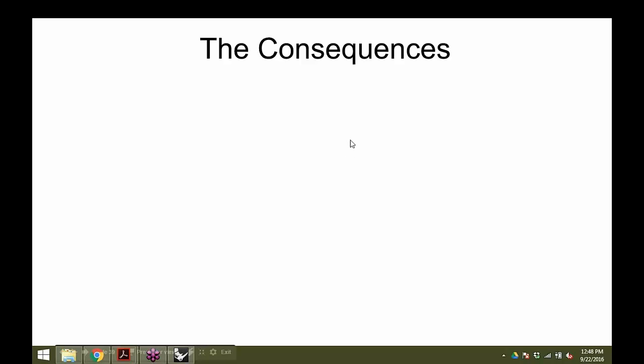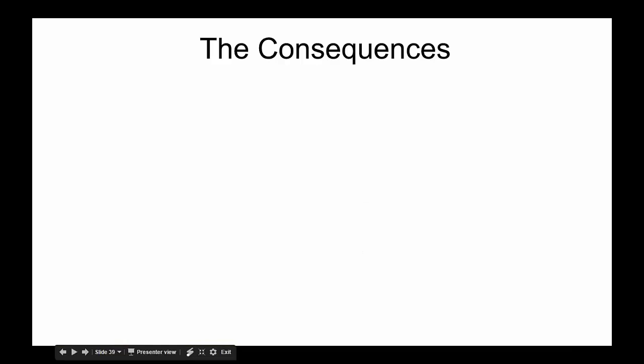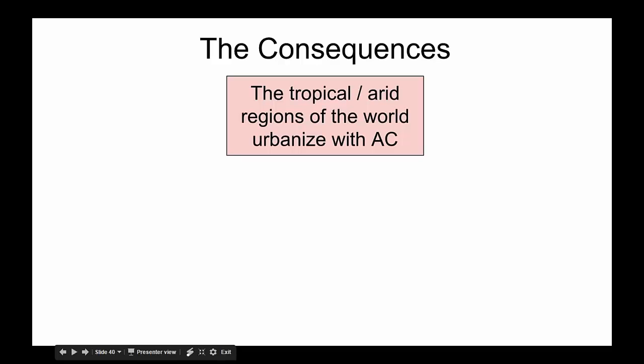What are the consequences of actually sticking with a PMV comfort model and conditioning all the new buildings that we're creating? The real issue, and it's already rising and is going to be critical in the next few decades, is that the tropical and arid regions of the world are going to urbanize very, very much so.